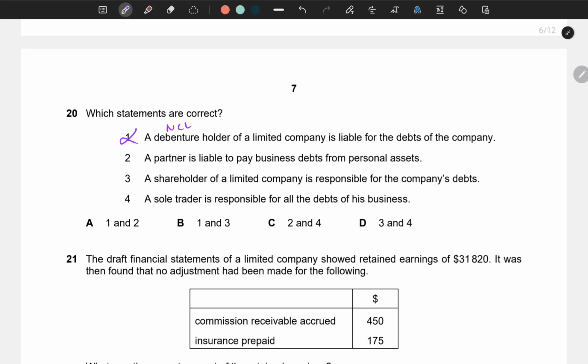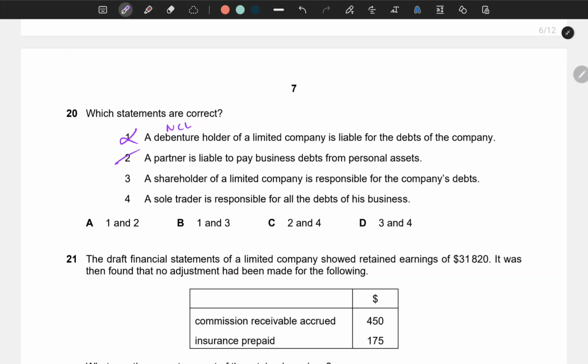So wrong. A partner is liable to pay business debt from personal assets. A partner is liable because in a partnership they have unlimited liability. So if anything happens to the business, their personal assets will be at risk.